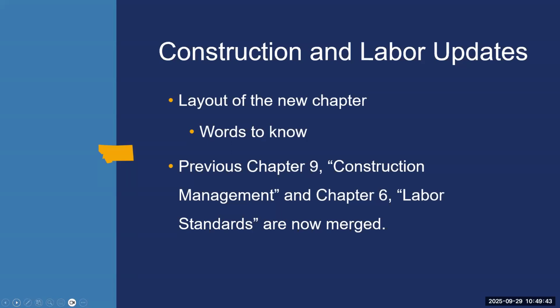We did this because so many of the state and federal requirements, steps to follow, and the associated forms involved with managing the construction of your project coincide with the efforts to comply with federal labor standards requirements. So our goal in merging these two chapters is to provide a clear step-by-step understanding of the state and federal requirements and to provide you with the resources you need in the toolkit to complete each step as you move through bidding and the construction of your CDBG funded project. Next slide.